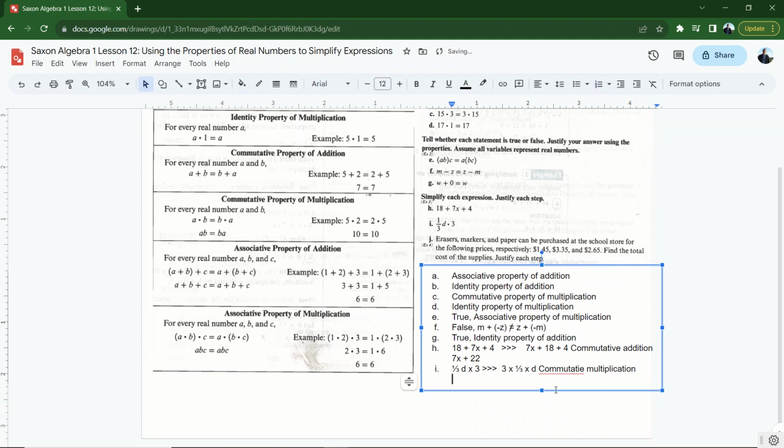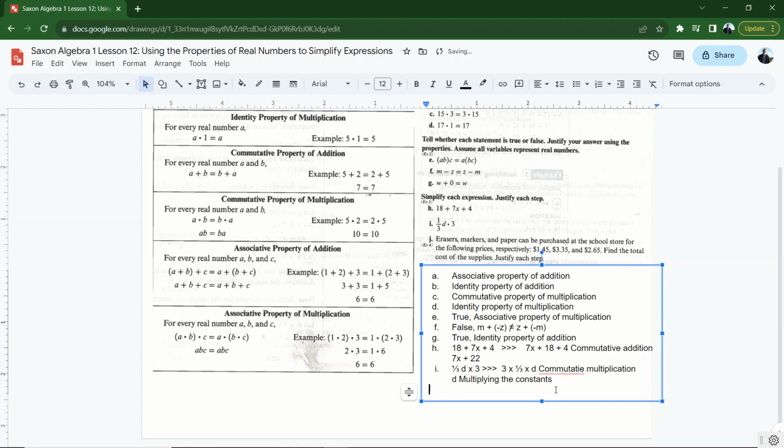Looking at this a little further, 3 times one third is 1. I'm multiplying like terms. 3 times one third is just 1. So the answer to this one is just d, and that's multiplying the constants together.